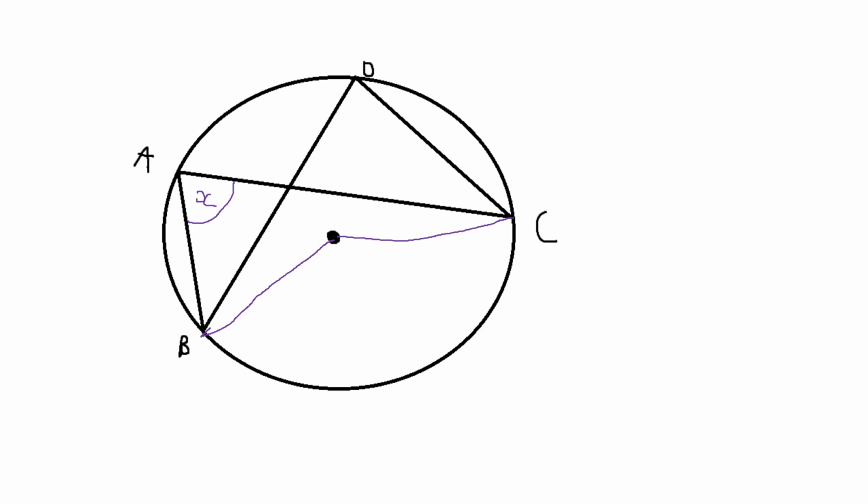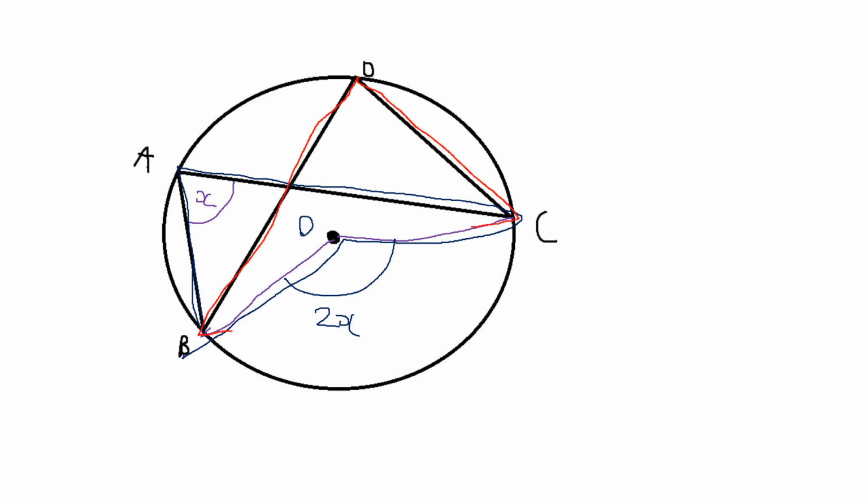So now we know that, using this shape here, this angle here is going to be 2x. And if this angle here is equal to 2x, notice this shape here.